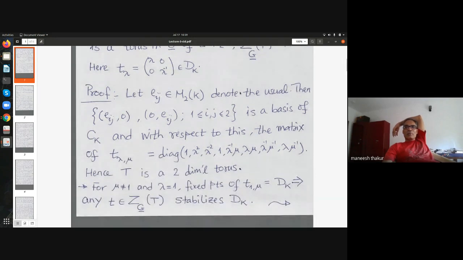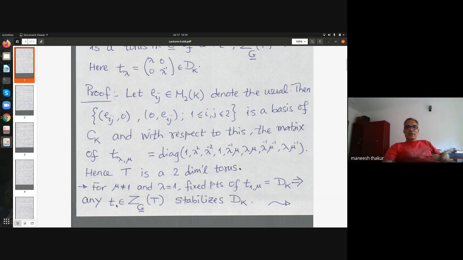So any element I pick in the centralizer of the torus T will also commute with T1 mu, and therefore it will leave the first summand stable, because these are the fixed points of T1 mu. So they will be mapped to themselves by any centralizer element. This is just basic linear algebra.